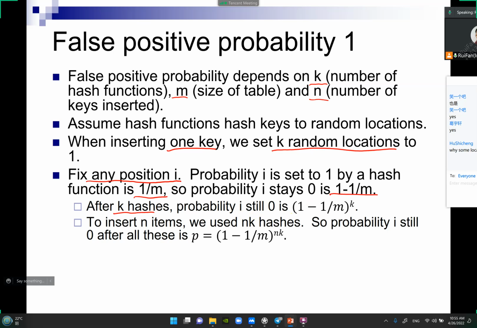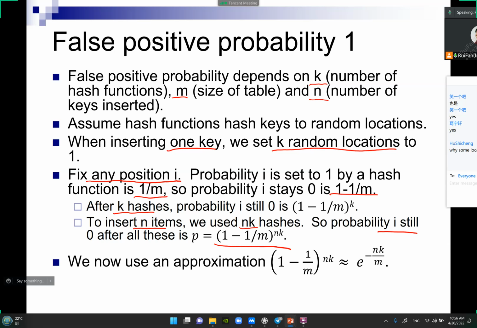And this is just for one item. For one item, you do k hashes. But if you insert n items, then you're going to do n times k hashes. So the probability that i stays 0 after all n times k hashes is (1 minus 1/m) to the n-kth power. Then we can approximate this expression by this exponential function over here.